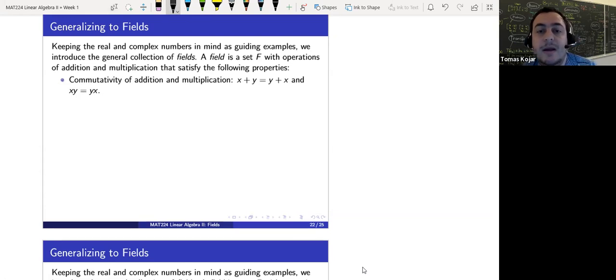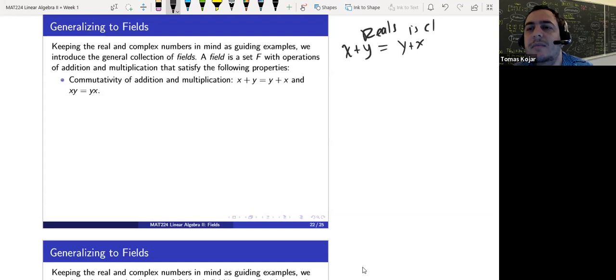So x plus y and y plus x. So for real numbers, this is obvious, right? So we have x plus y when they're real numbers. This is by definition the way we build the reals. So for reals it is clear. Let's do it for complex. So you have z plus w, and how do you do it?